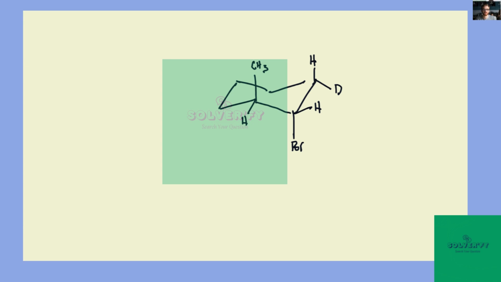And the question is, what is the major product of an E2 reaction of this compound? Well, recall that for an E2 reaction to work, we need our leaving group and a hydrogen on the neighboring carbon to be so-called anti-periplanar.